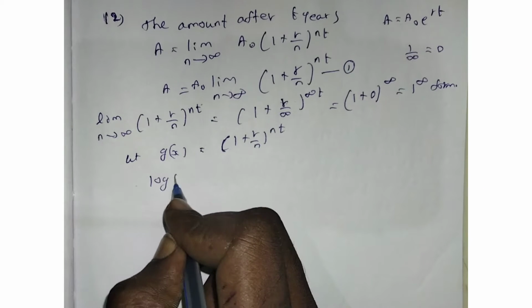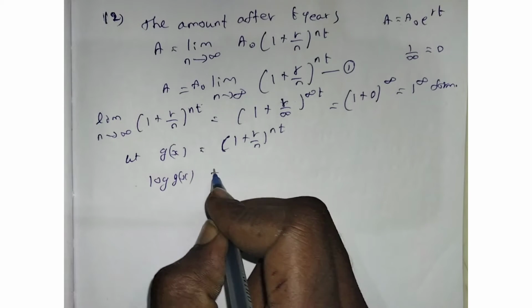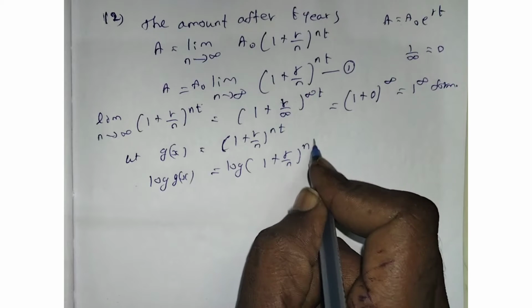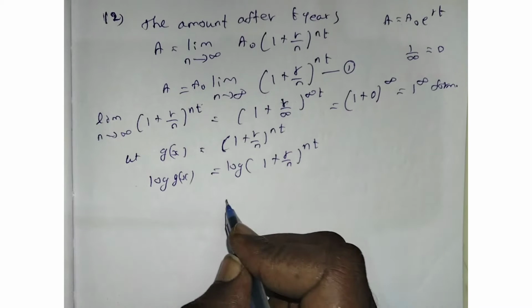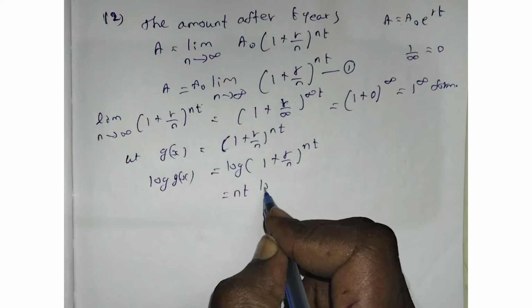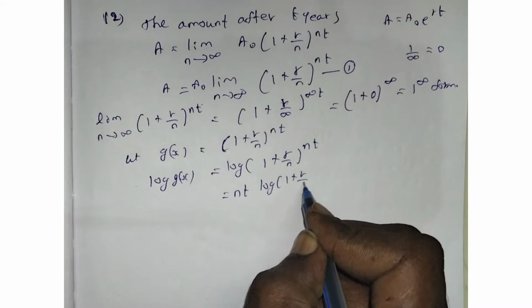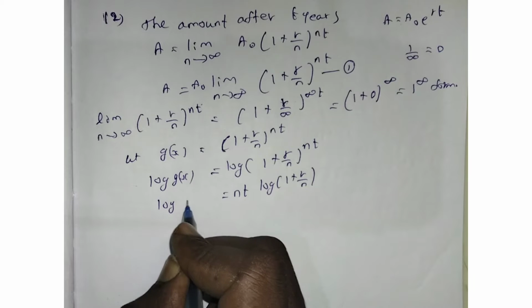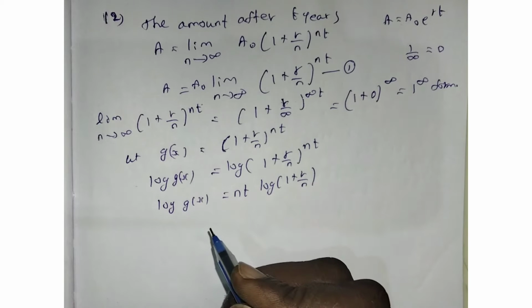If you take log of g of x, then log of (1 plus r by n) the whole power nt, the power becomes a multiplier. So log of g of x equals nt into log of 1 plus r by n.